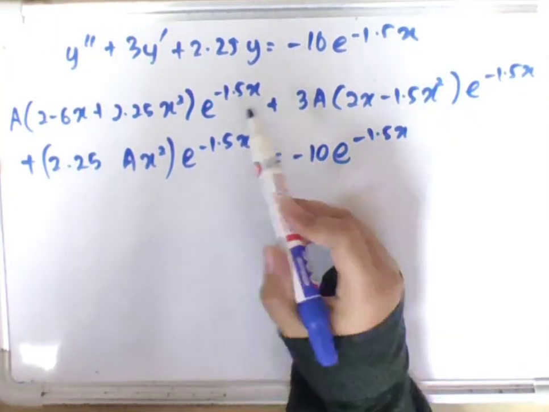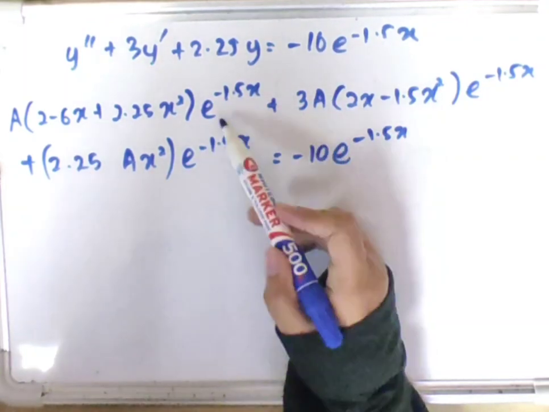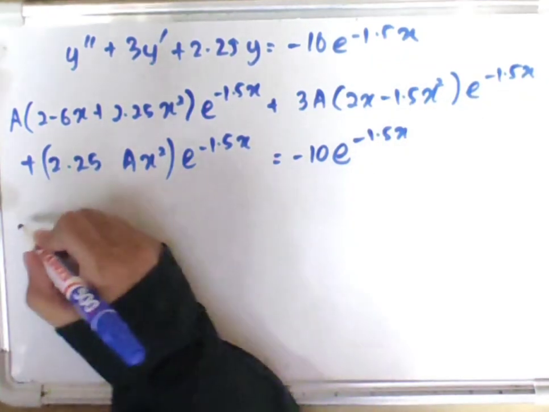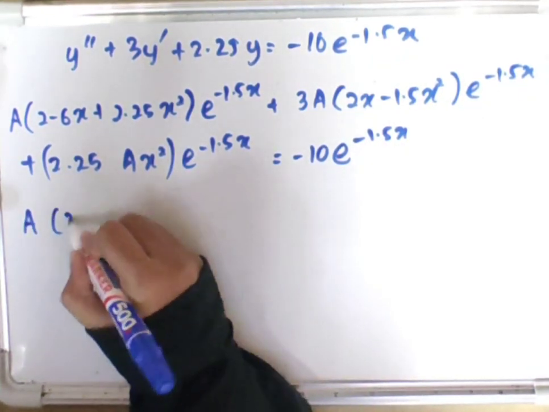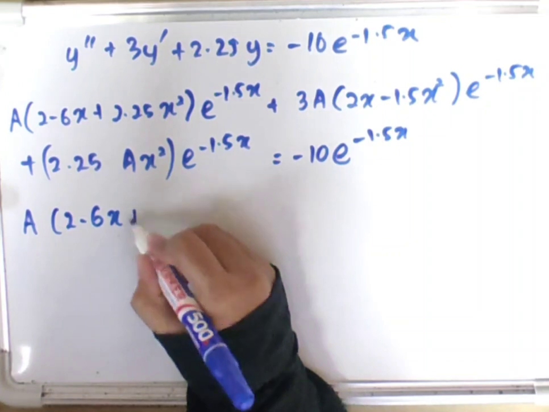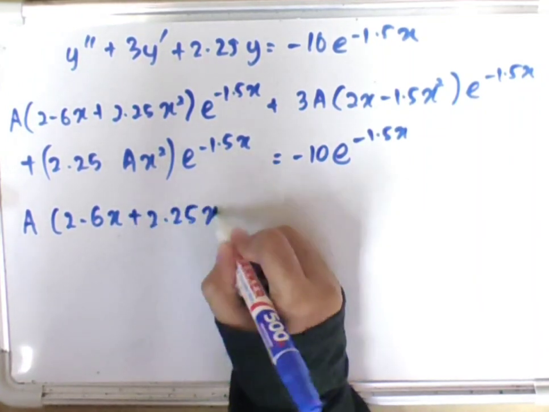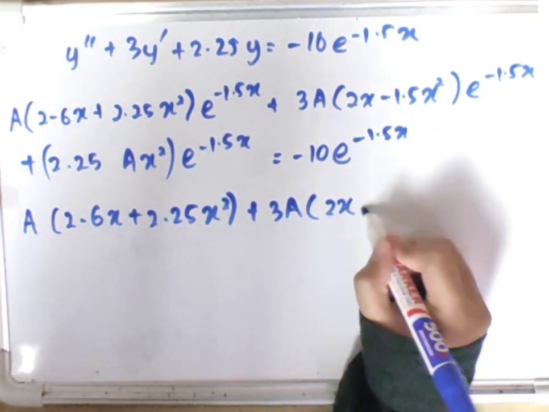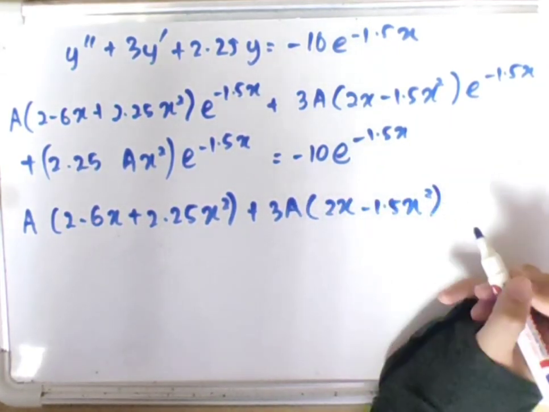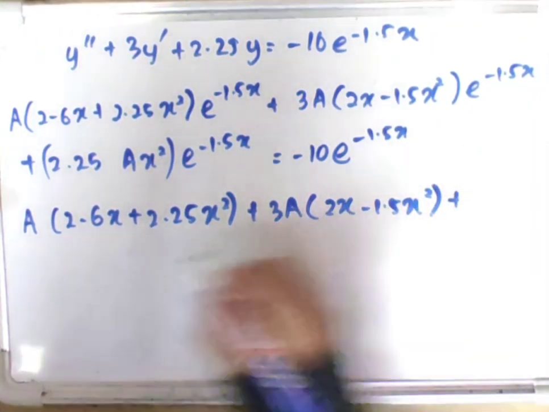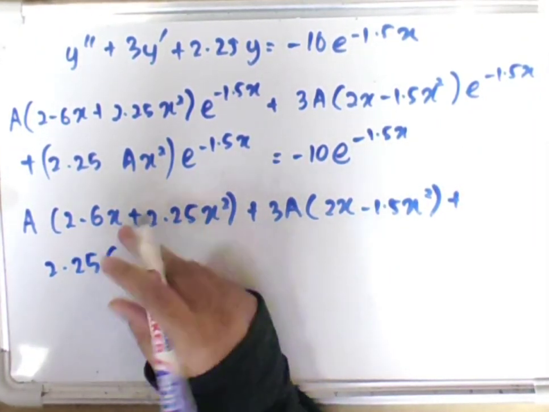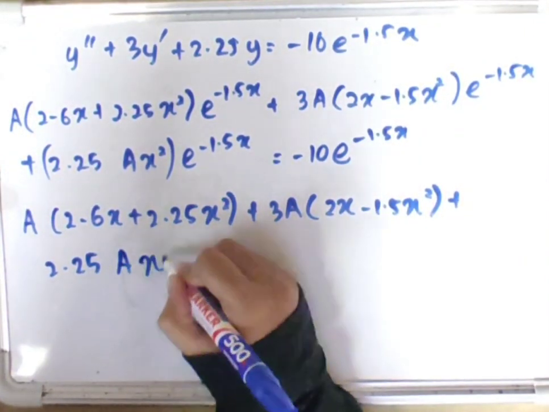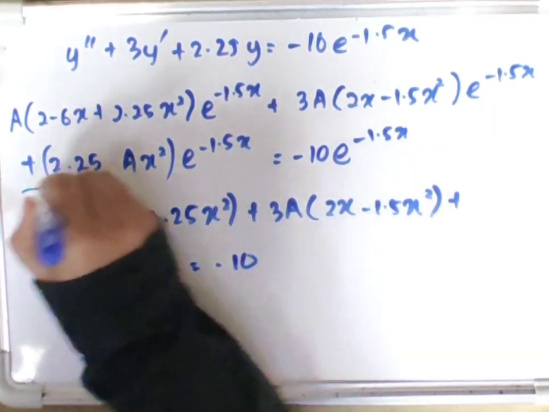We can see there is a lot of exponent, so we can cancel it. We get a(2 minus 6x plus 2.25x squared) plus 3a(2x minus 1.5x squared) plus 2.25 a x squared equal to negative 10.